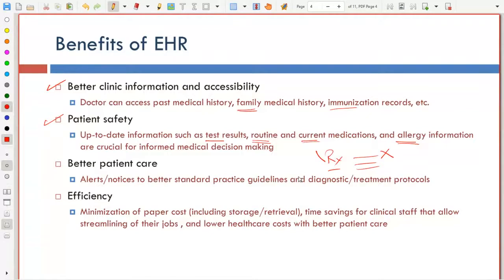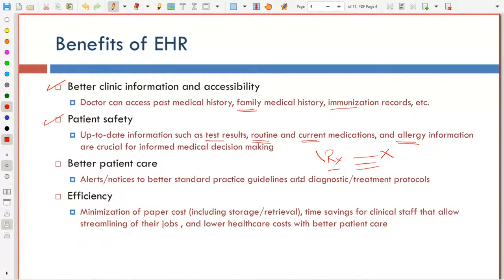So whenever you prescribe, you have to know exactly what the patient is taking. And there are very comprehensive drug interaction tables that tell you that this particular medication cannot be taken with this particular medication. You can find this information in the pamphlet inside the box of the medication, but actually nobody reads it.